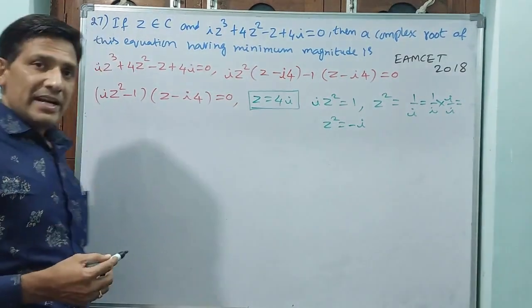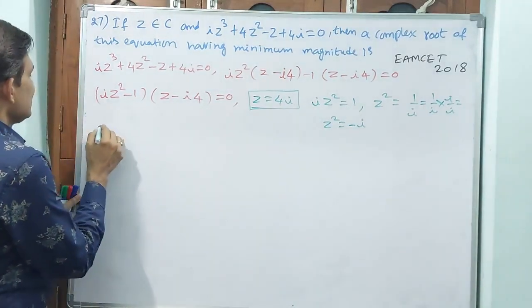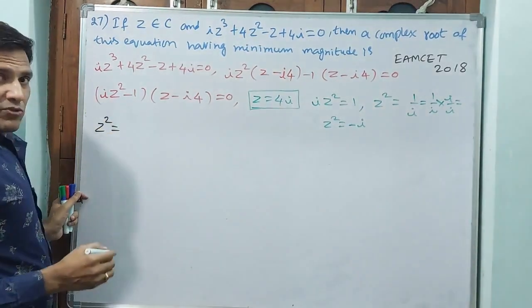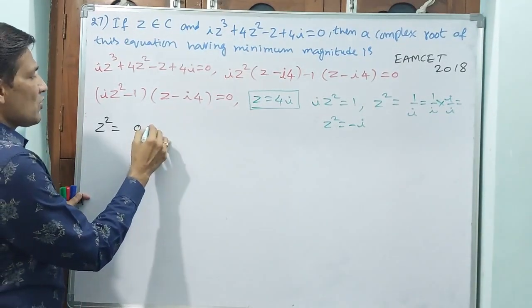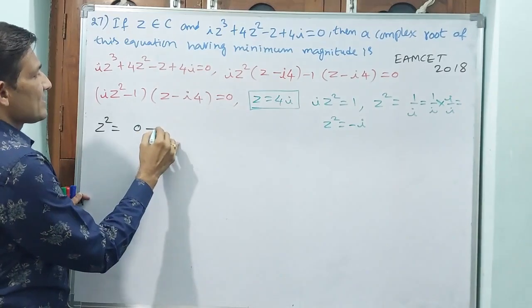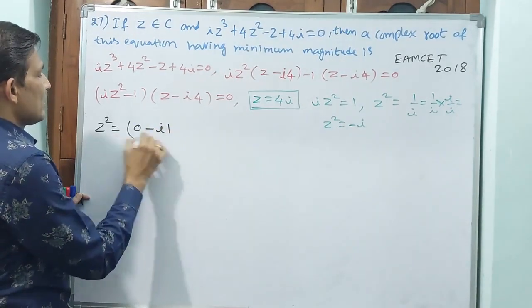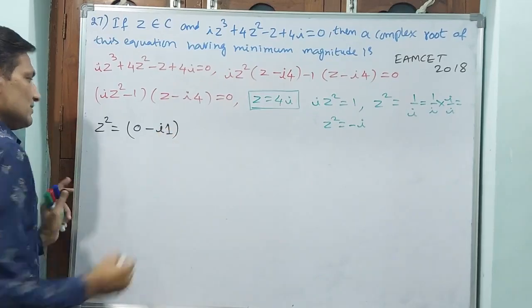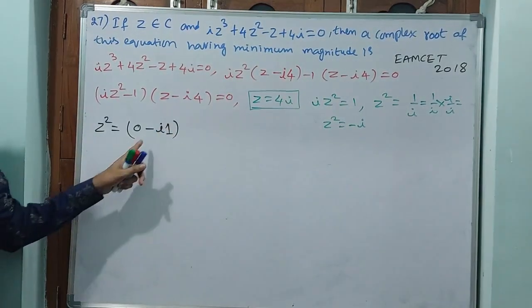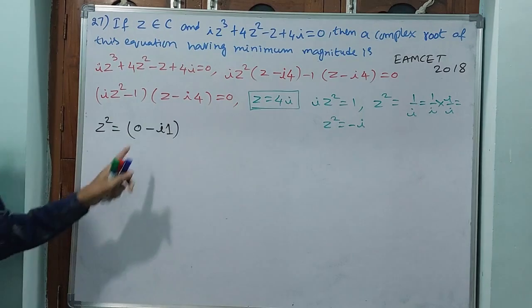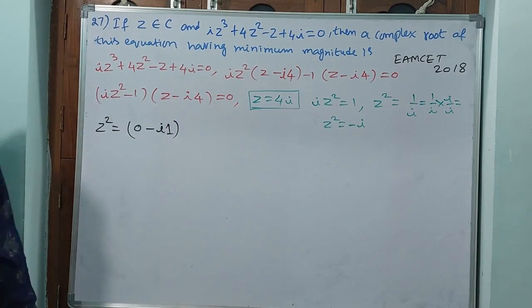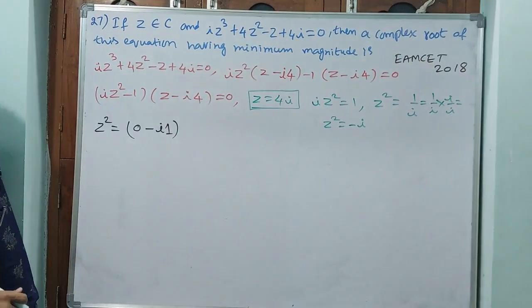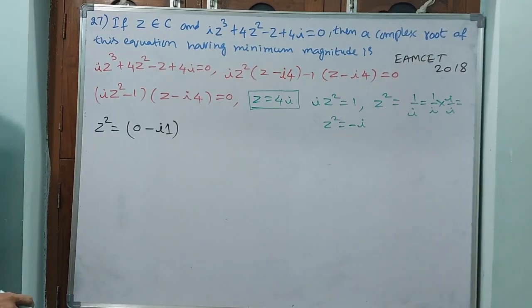This minus i, shall I write like this, you see. z square is equal to minus i, which means 0 minus i into 1, 0 minus 1i. Where will minus 1 come for sine? You tell me where minus 1 will come for sine.